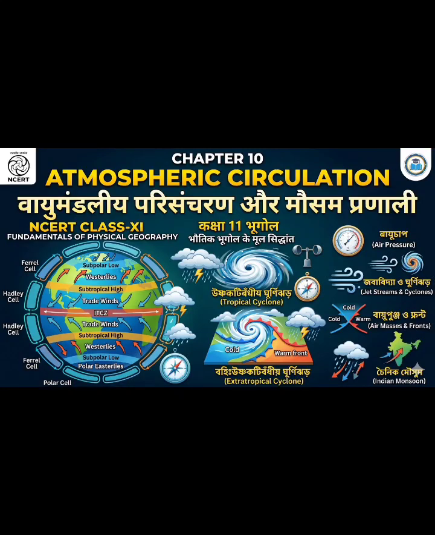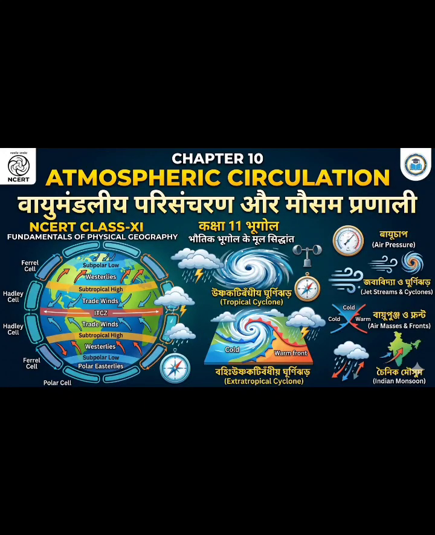The extratropical cyclone affects a much larger area as compared to tropical cyclone. The wind velocity in the tropical cyclone is much higher and is more destructive. The extratropical cyclones move from west to east, but tropical cyclones move from east to west.